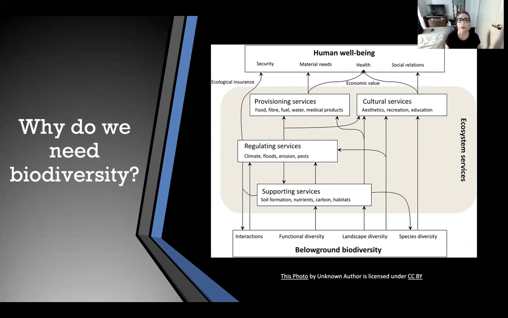Regulating services. So climate, floods, erosion, pests. Regulating services is how biodiversity can keep these other things in check, keep them in equilibrium, right? Now we are undergoing climate change, and that is partly because of how we are disrupting our ecosystems, partly. Regulating services like regulating floods.